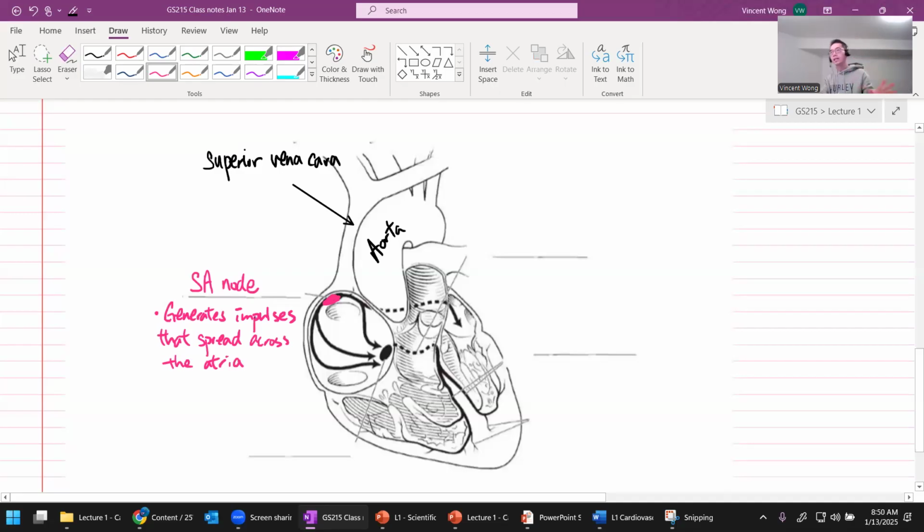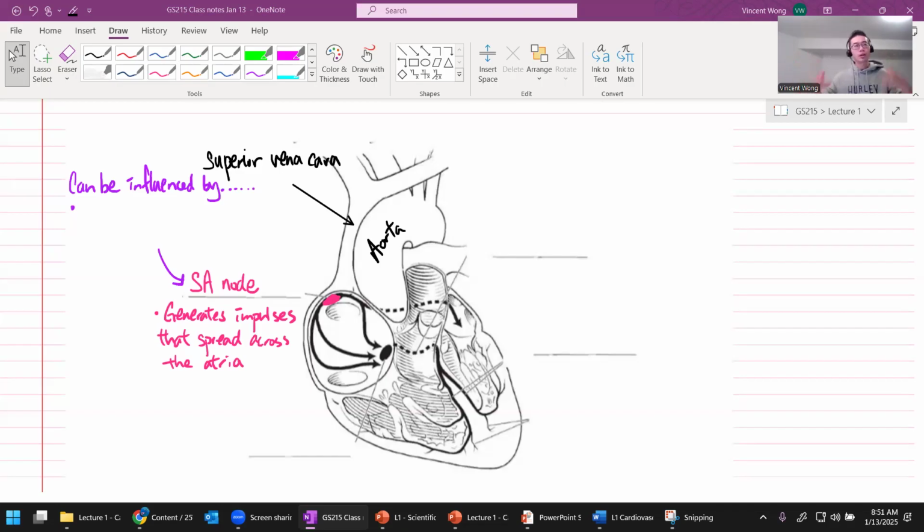The general idea is this: when the electrical signal, when the impulse gets to a particular part of the heart, if it's a chamber, then it will squeeze. Now, I'm just going to put a side note here for you. It can be influenced by... What are some things that you can do to affect your heart rate?